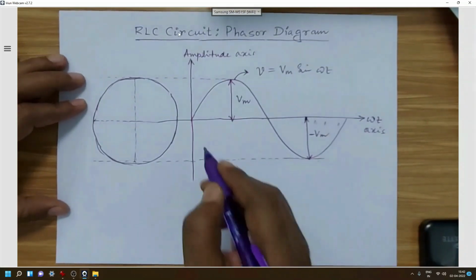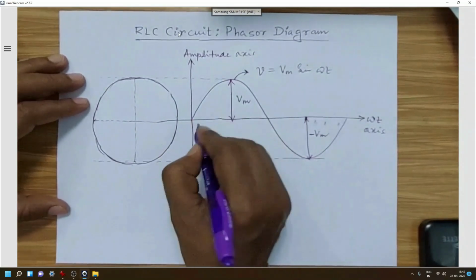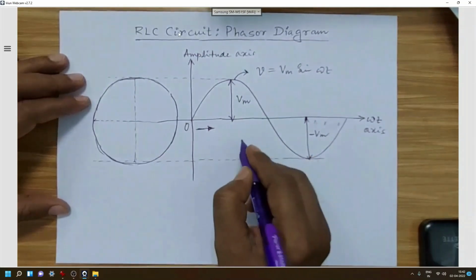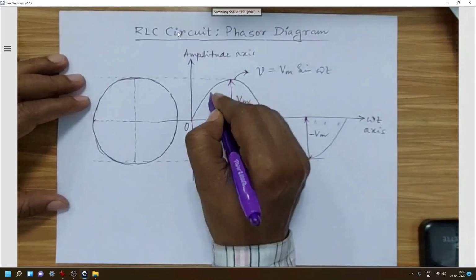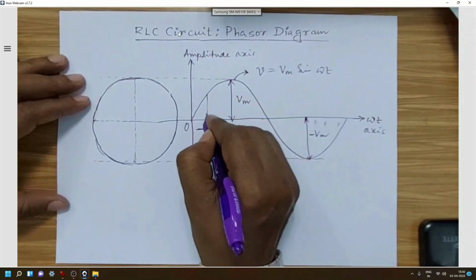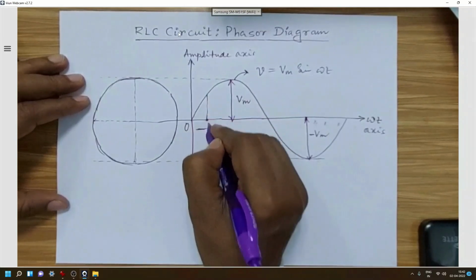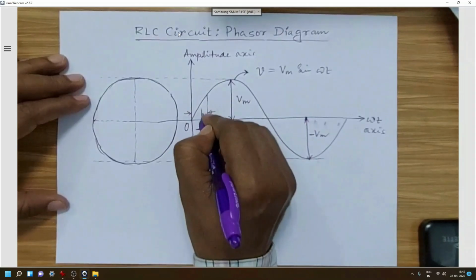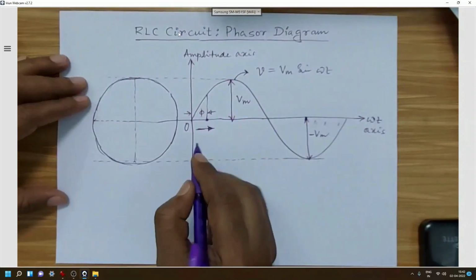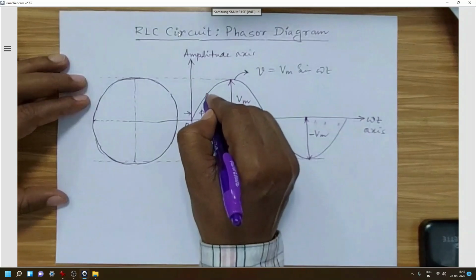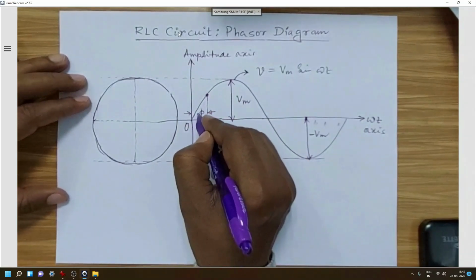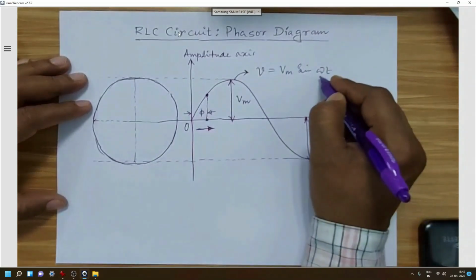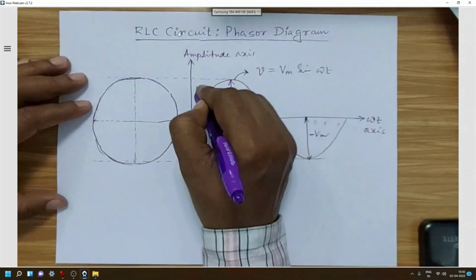So now the angle omega t is varying from the point 0. Now at a particular point, say at this point, if this angle is say phi, then this value will be nothing but Vm sine phi.